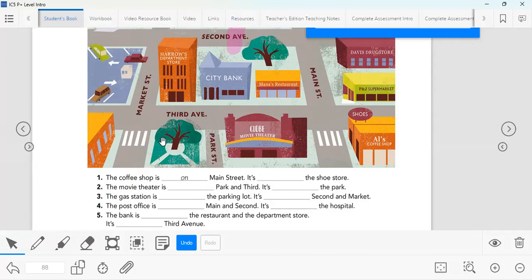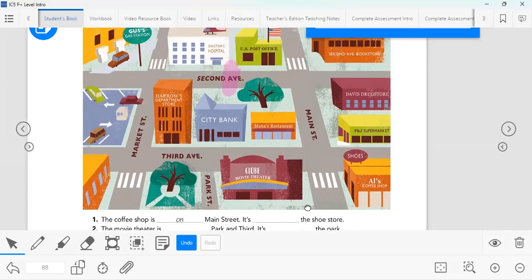And number 4, where is the post office? Any other volunteer? Maybe me. On the corner. Remember, on the corner, what else? Of Main and 2nd. Okay, on the corner, and the other option? Where is the post office?